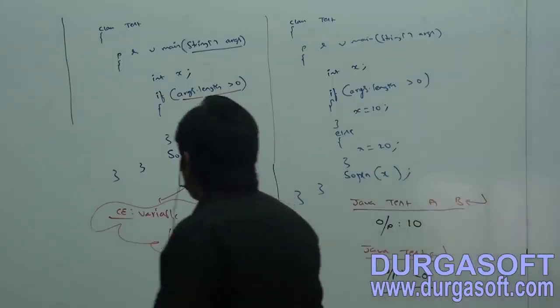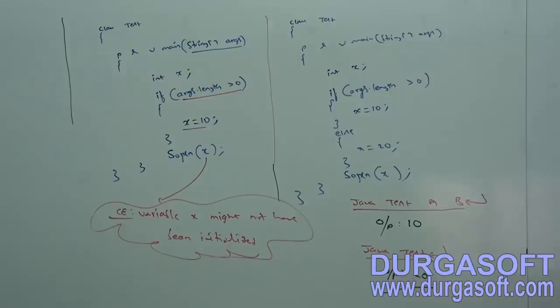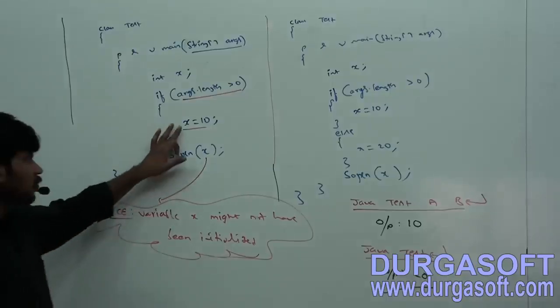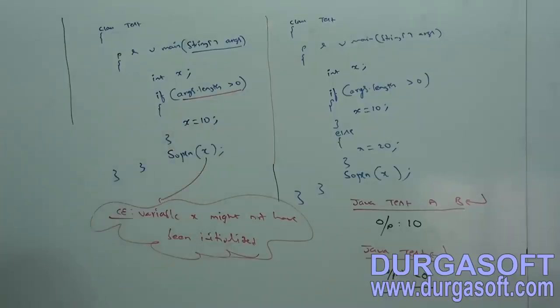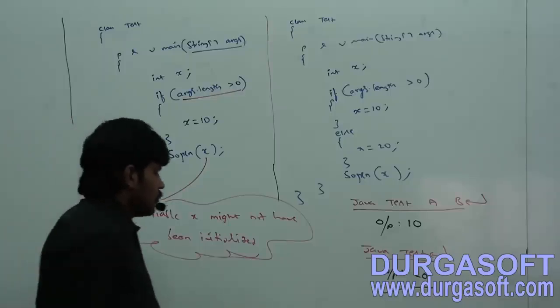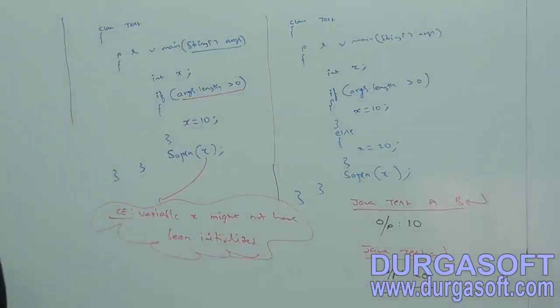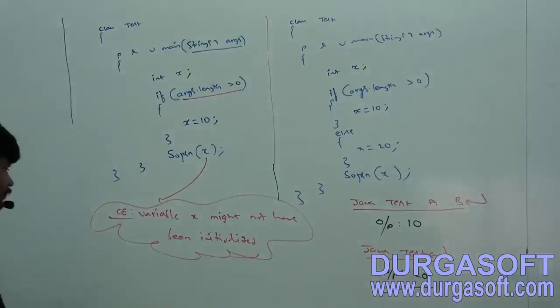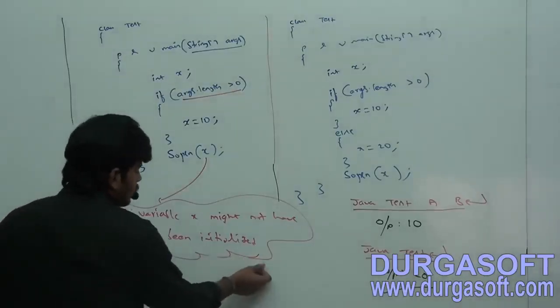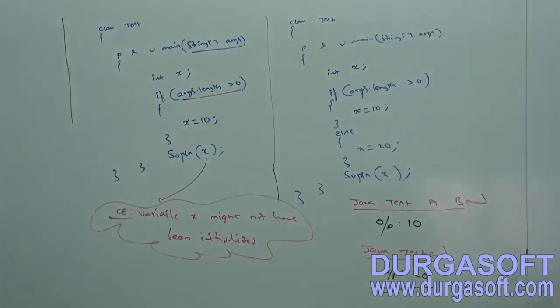Add int x; if x.length greater than 0, x is equal to 10; SOP of x. We get the error: variable x might not have been initialized. Next, java Test with arguments A, B. The output by default you are going to get is 10. Next, java Test with no arguments, the output is 20. Java Test A, B, output is 10.